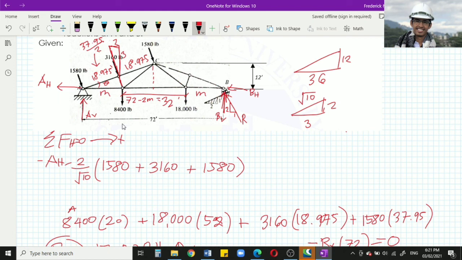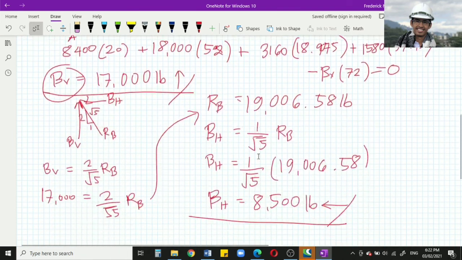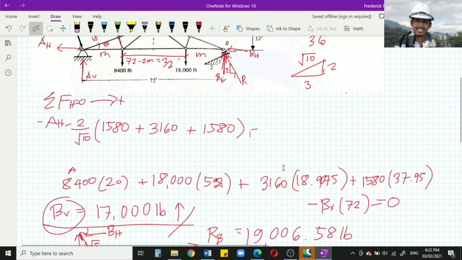So, ano pa yung ibang force natin? So, yung BH. So, yung BH natin will be negative, ano yung BH natin? So, BH natin will be 8,500. Will be negative 8,500 is equal to 0.